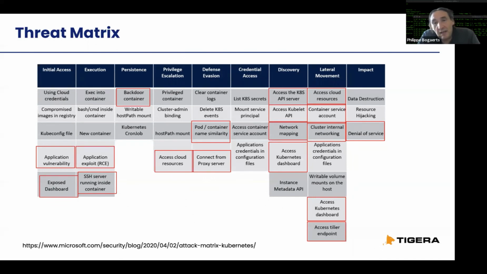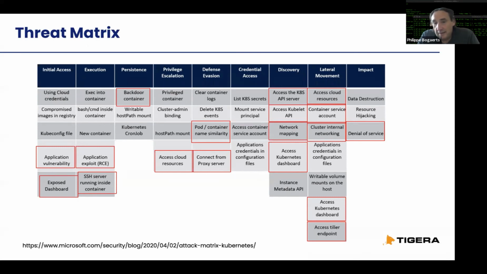But one thing I want to highlight here is also the discovery phase. And this is something where Calico and Calico Enterprise can help you immensely. We'll discuss it more in depth, but once you have access to a Kubernetes cluster through a pod, you actually have access to the entire network, but also to the nodes, as well as to the API service.